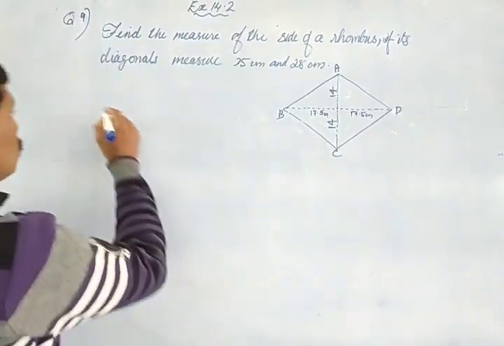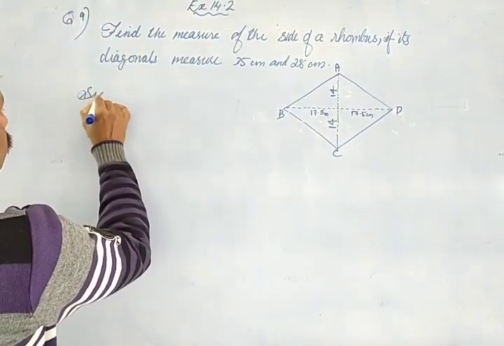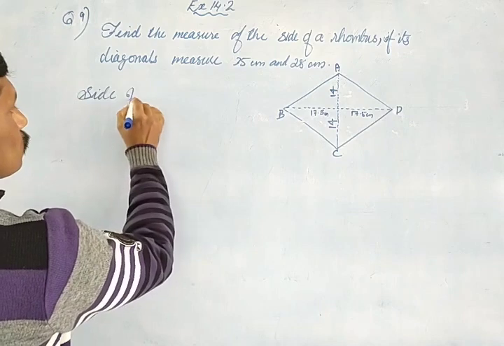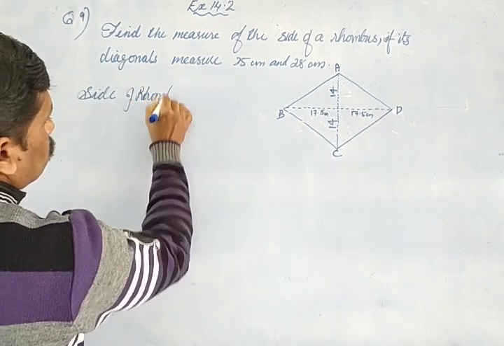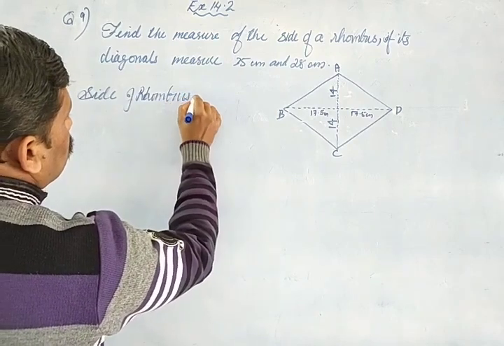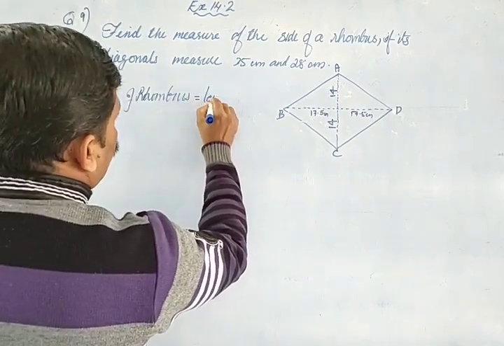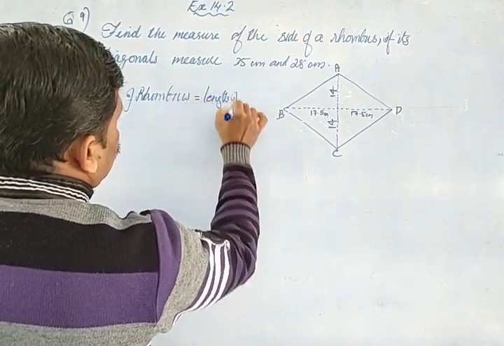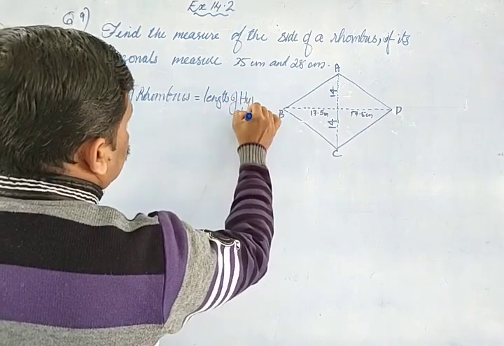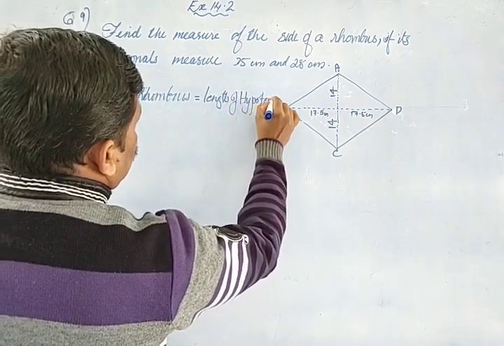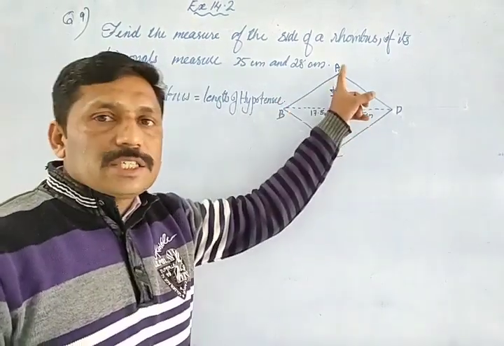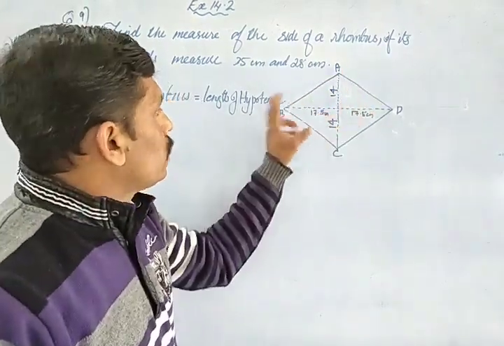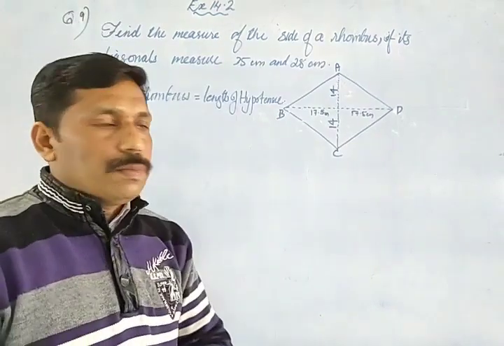So here, the side of the rhombus is equal to the length of the hypotenuse of this triangle. If you take this particular triangle, then the length of the hypotenuse is equal to the side of the rhombus.